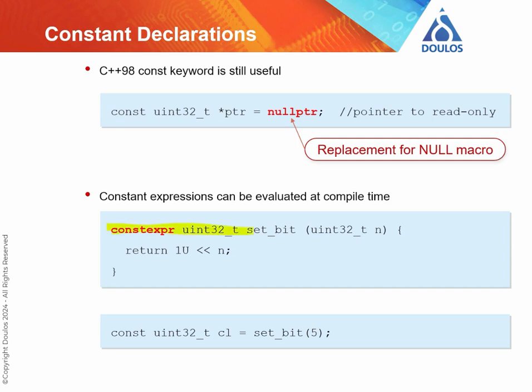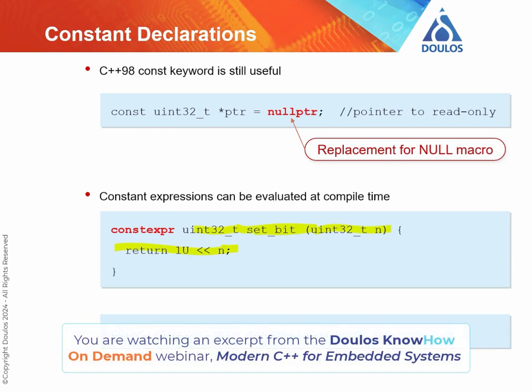And a constexpr is an expression that can be evaluated at compile time, provided all of its operands are known at compile time. So in this case, it looks like we're declaring a function called setBit, which takes a value n as its argument and returns the value of 1u shifted by that number of places. Well, that's a constexpr, so if the value of n is known at compile time, then the compiler can work out the result. It doesn't need to actually code that up as a function.